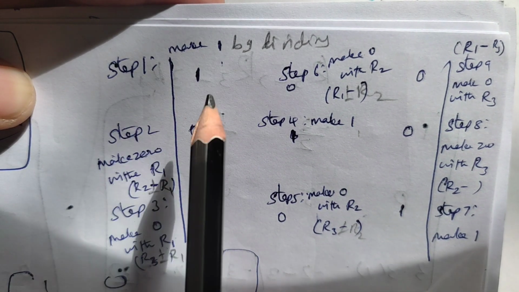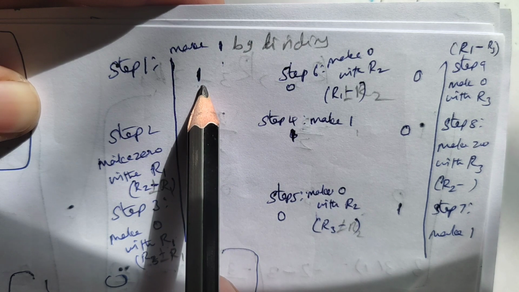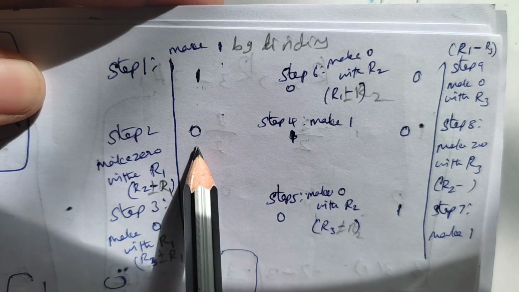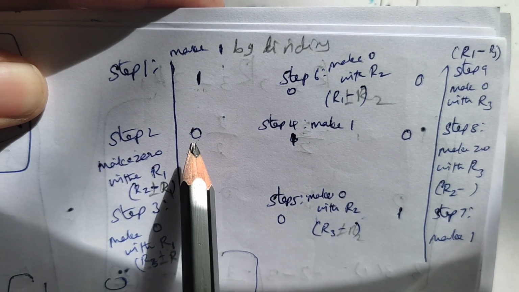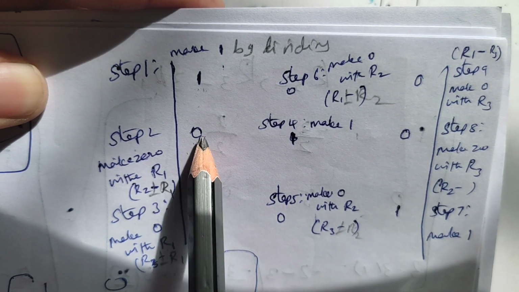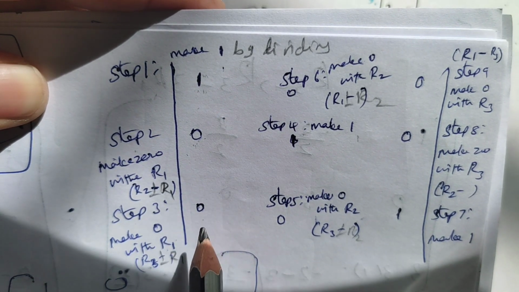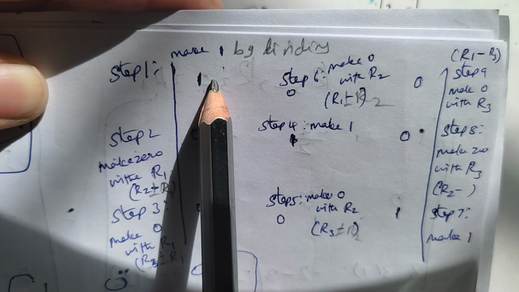Step 1 is make the first element of the first row 1 by dividing itself or with the help of any two rows. Step 2 is make the first element of the second row 0 with the help of R1. And the third step is make the first element of row 3 0 with the help of row 1.